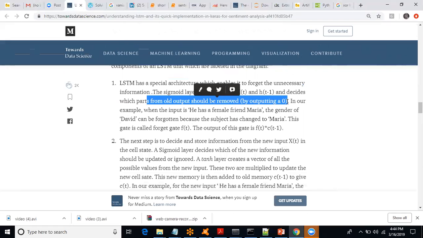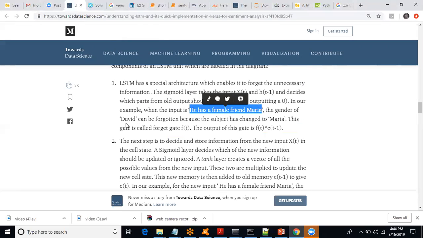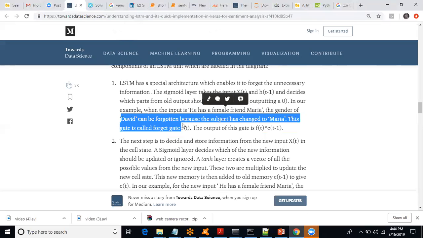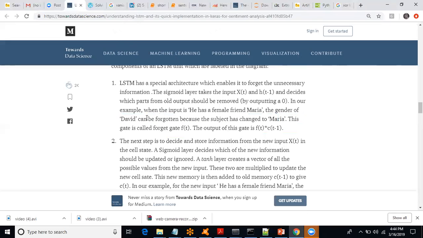Sigmoid may take 0 and 1, so it puts 0 on what is not required. Example: he has a female friend Maria. The gender of David can be forgotten because the subject changed to Maria. If some David word is there, it can be removed because we are talking in a female context. So the gate is called the forget gate, ft.